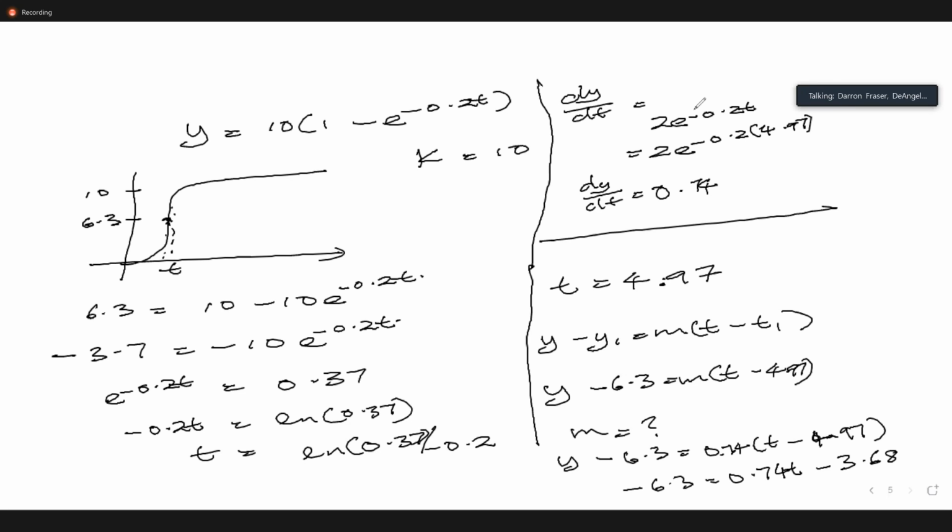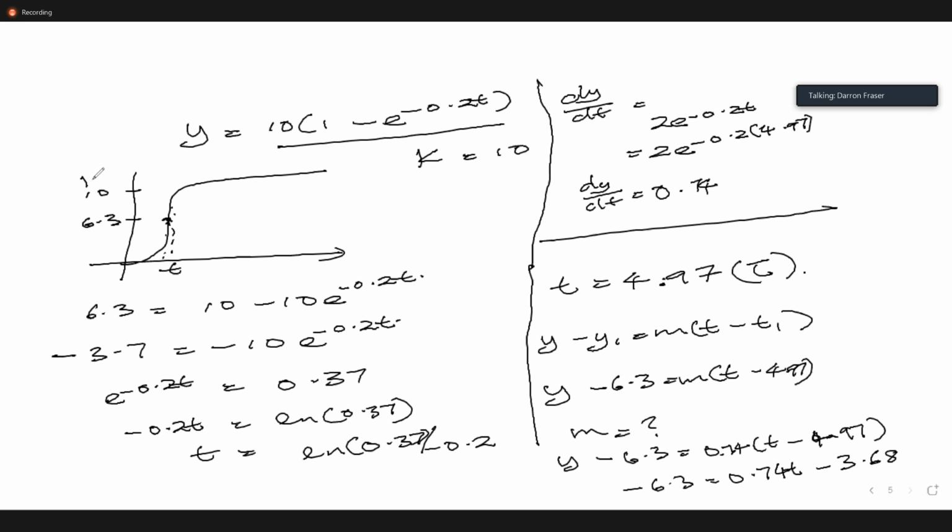No, we're saying that if this is the response, this is 6.3, and then we find the time. So this is our time constant, this is our tau.